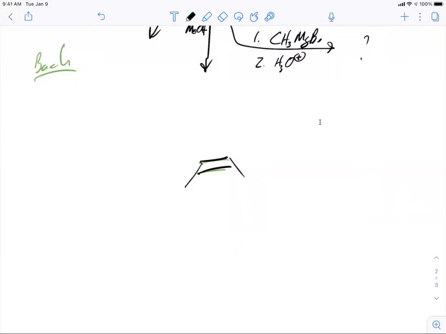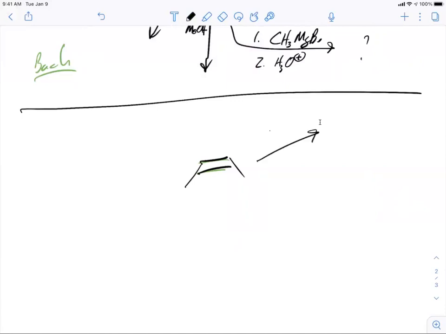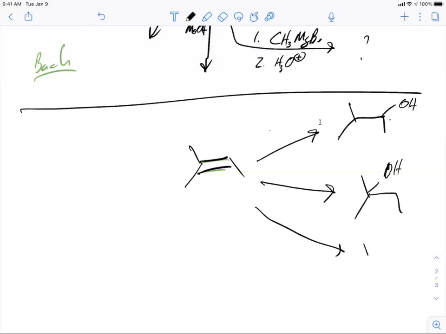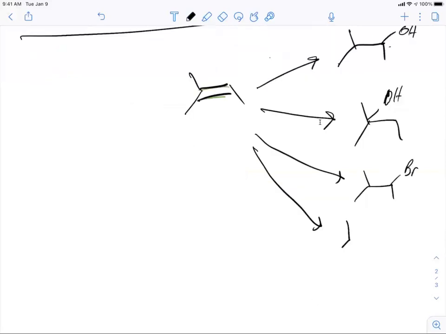Now this double bond, we could add the OH to the more substituted side. We could add a bromide to the more substituted side.